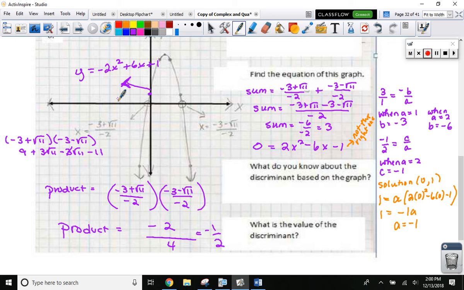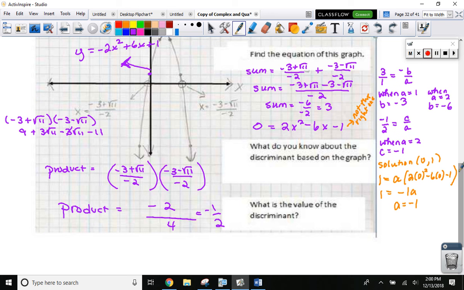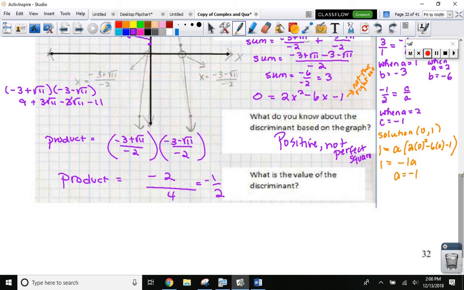Okay, so what do we know about the discriminant based on the graph? Gotta be positive, and not a perfect square, because these are irrational. And the actual value of the discriminant, let's find it, b squared minus 4ac.